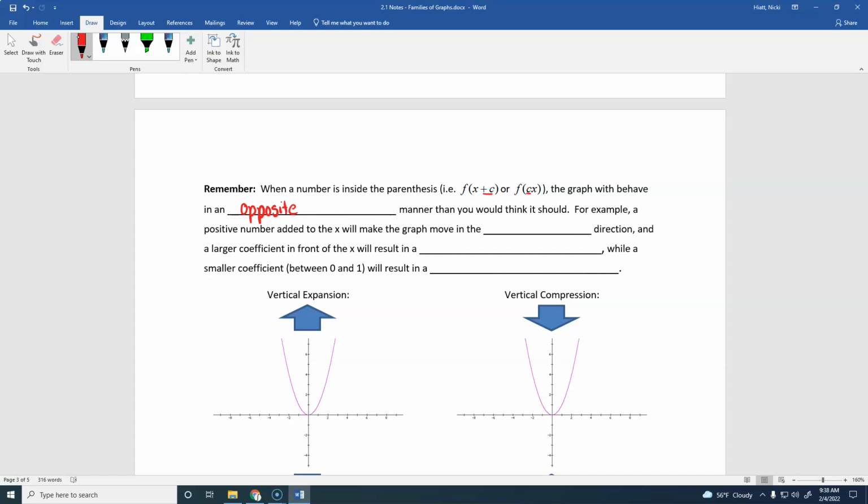For example, a positive number added to the x will make it move in the left or negative direction.